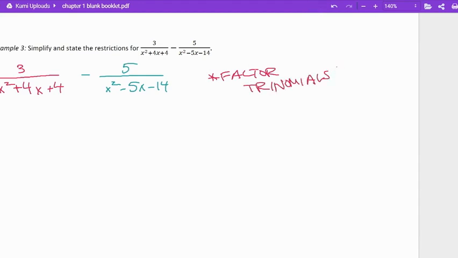You're always going to get marks for just factoring, unless I say, don't factor. Give yourself a lot of space.